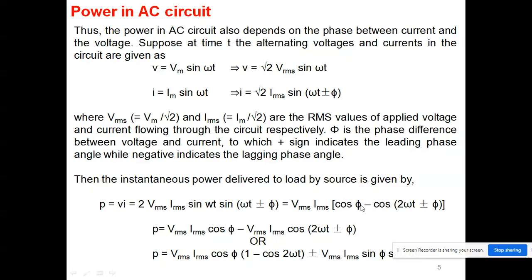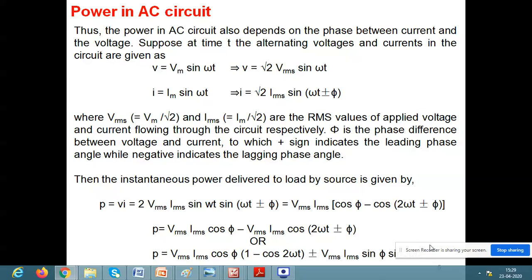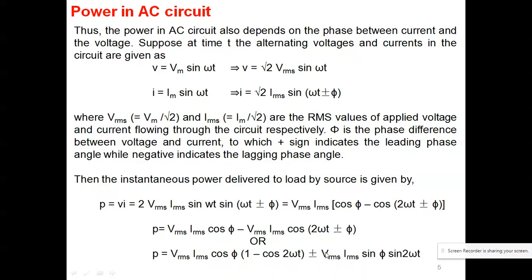You can write this as a single term here and this as a single term here. But I opened this term also and wrote it in terms of two parameters: one is the voltage RMS value multiplied by the current RMS value and cos phi, and here the same voltage and current values multiplied by sin phi.